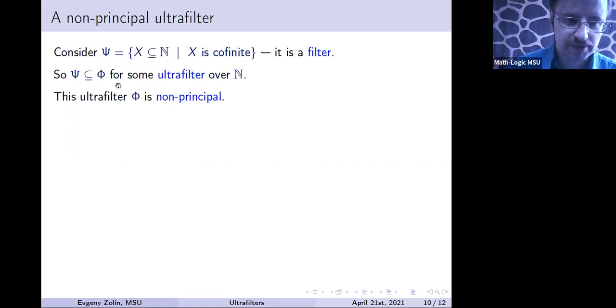No, it is not principal. Because we have a criterion, a necessary and sufficient condition for principal filters. A filter is principal if and only if we intersect all elements of phi, so all sets from phi, and we obtain an element of the filter. But here, let us intersect all sets that belong to phi.